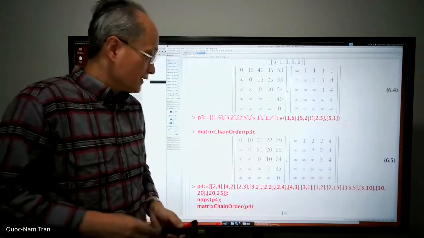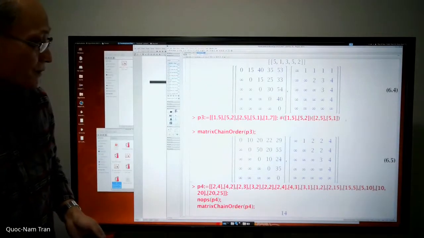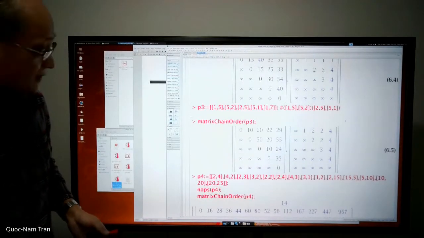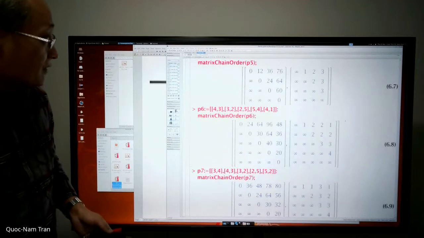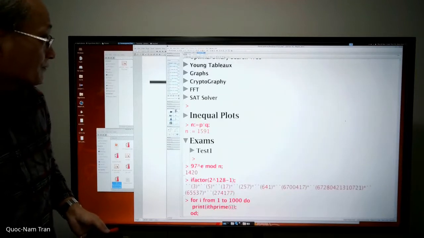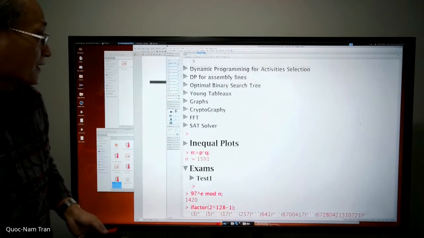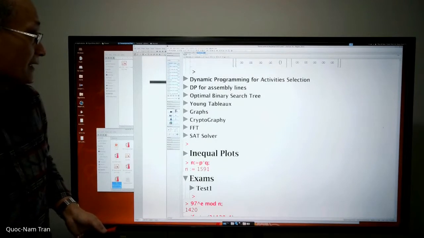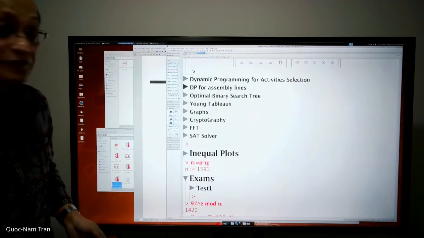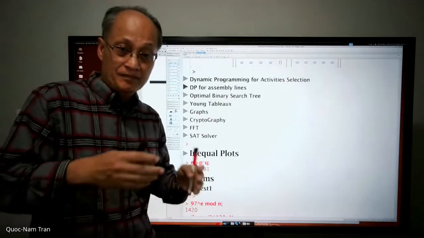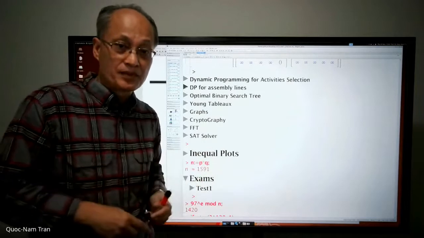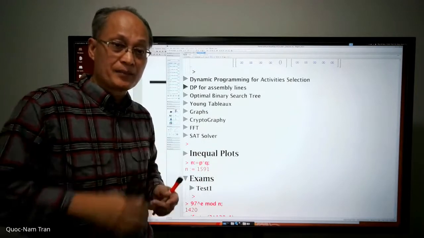All right. And now, when we come to the assembly line, in fact, you can see from here that I have many real-world problems where we can use dynamic programming.